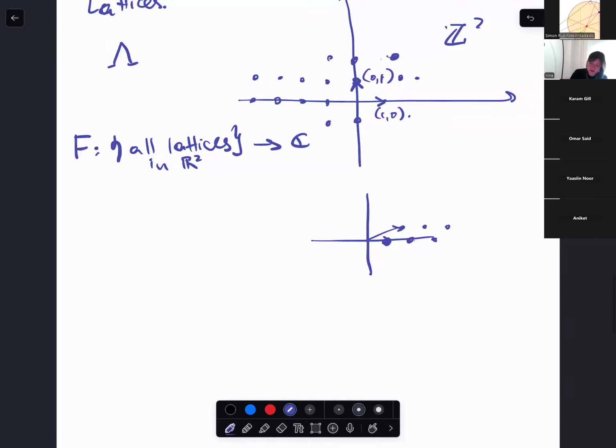Oh yeah, sorry. It's a function such that, again, it satisfies a transformation law.